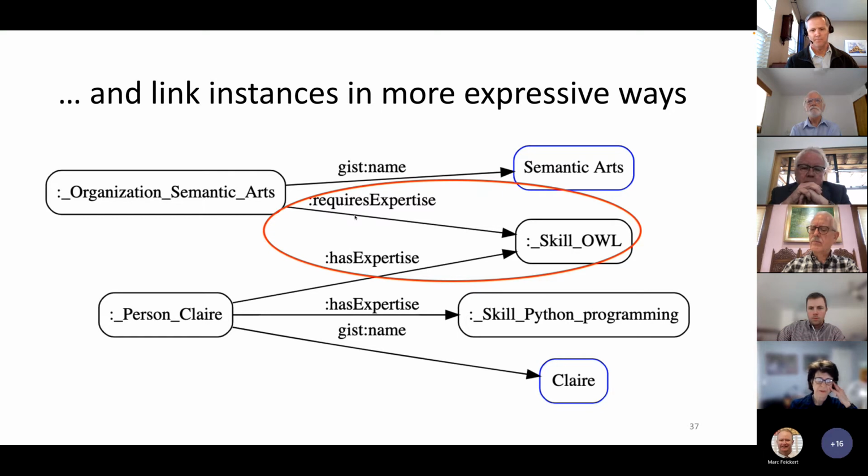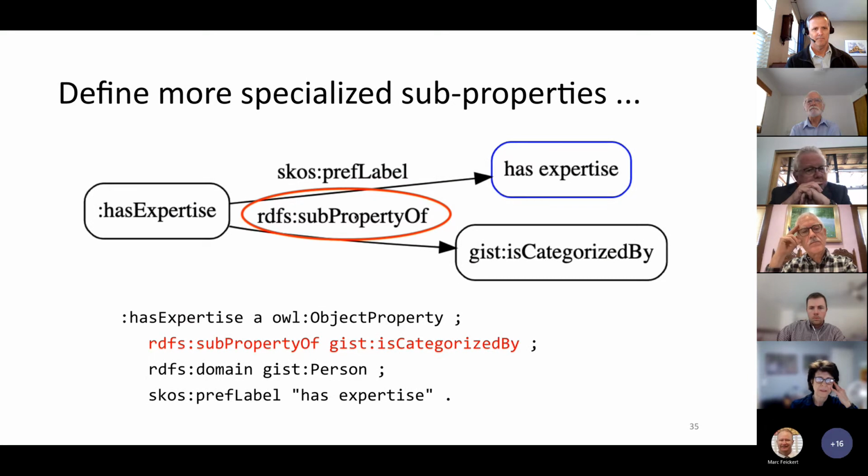Okay. Yeah, that's a fair point about this example, but the larger point is that, rather than using this semantically empty "is categorized by," we can define subproperties. I agree with you. And I think it's worth bringing up now that one of our clients is starting to do that more, for the motivation that they want it to look better in their graphic UI, because all these things that say "categorized by" don't look as good as a specific link.